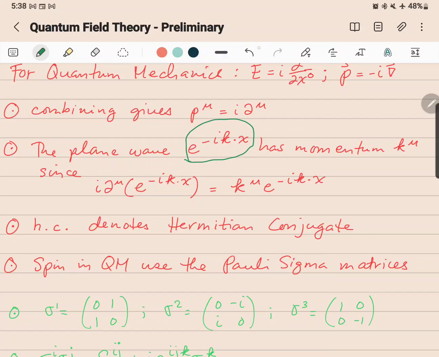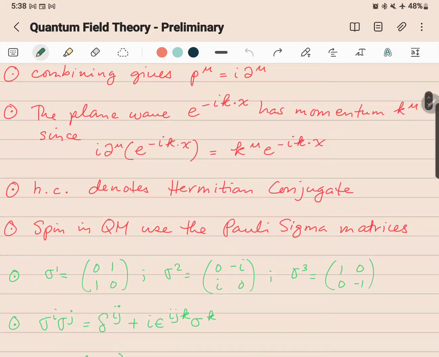So if you get the derivative of e to the negative i k dot x with respect to, of course, x^μ, then you will just get this.